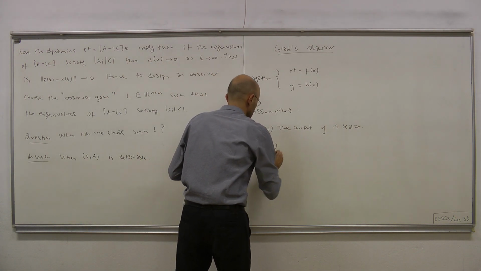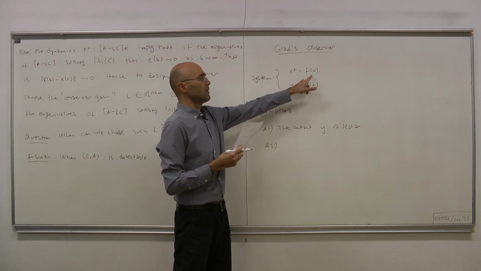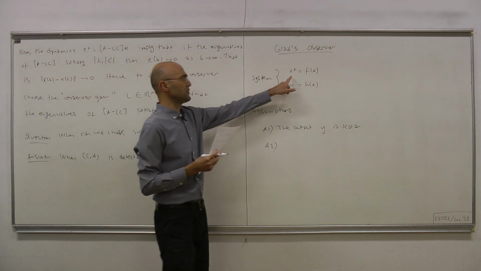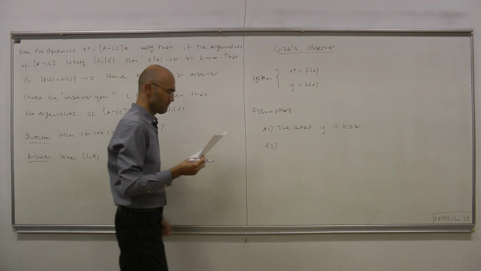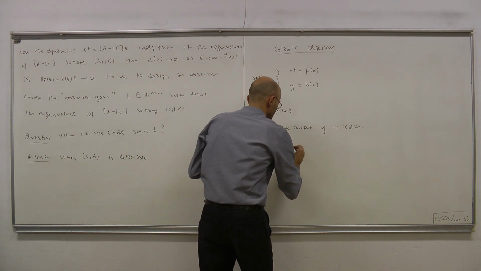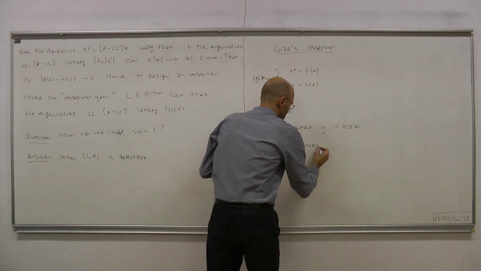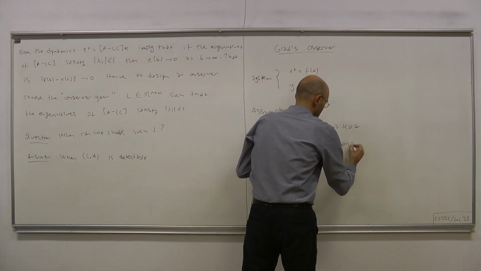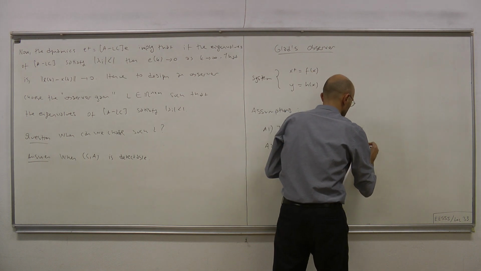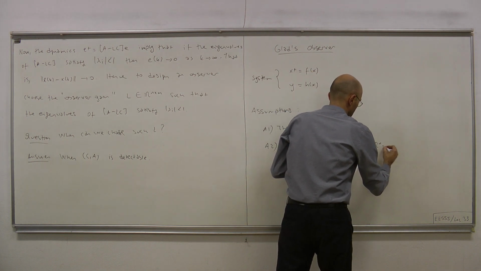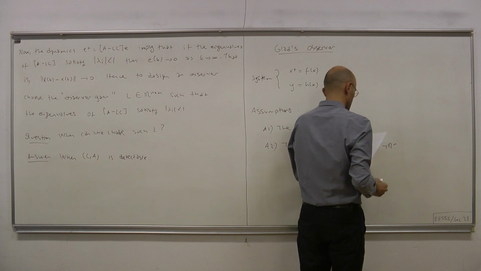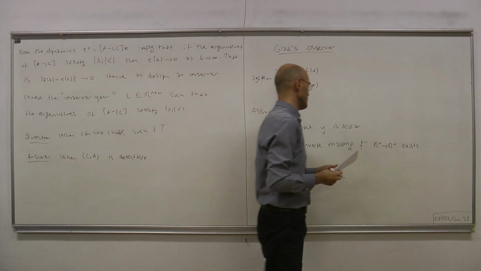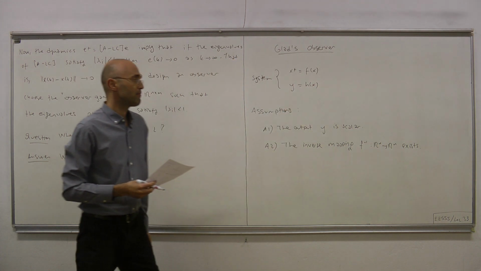The second assumption is that the right-hand side of the system is invertible. The inverse mapping exists. Okay, so we call such f an invertible f.